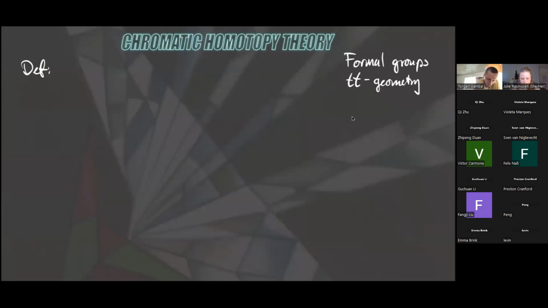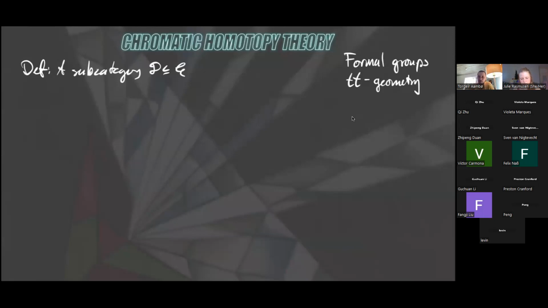So first off, what is a localizing subcategory? So a subcategory D in some category C. I'm going to be a bit not too precise about which categories we use, but mostly these will be symmetric monoidal, stable, presentable infinity categories, usually also compactly generated with a set of compact generators that are also dualizable.